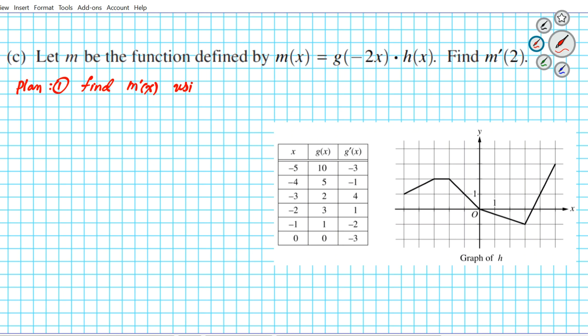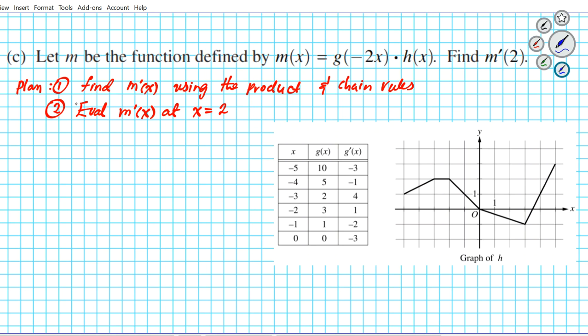You notice you have a product of two functions here, and the first function is a composite, so you're going to be using the product and chain rules. After that, you do your algebra step. You're going to evaluate the derivative of the function at the specified value, which is x equals 2.